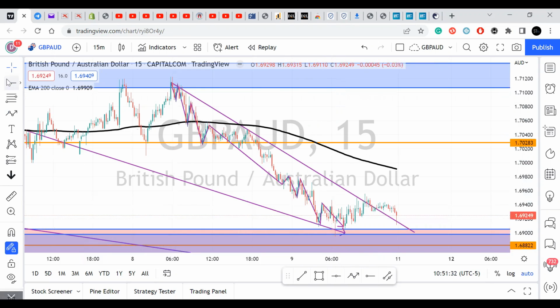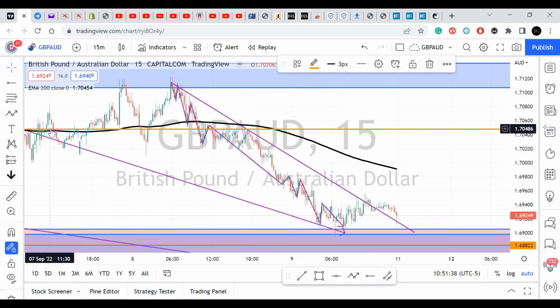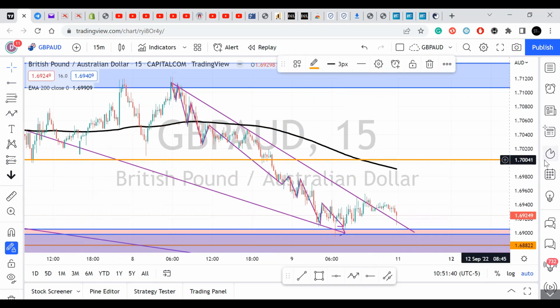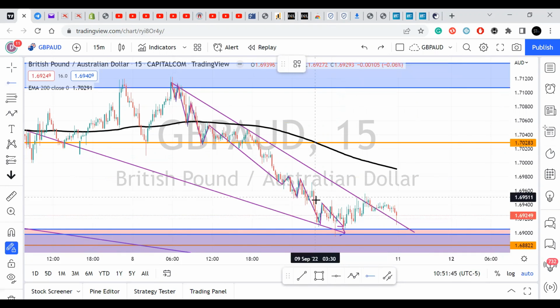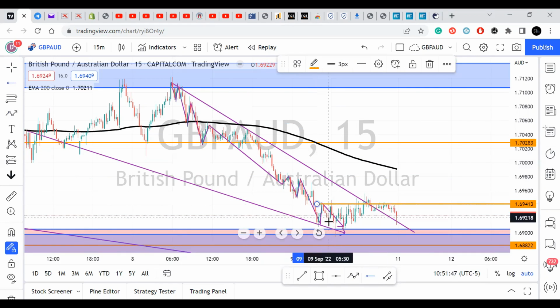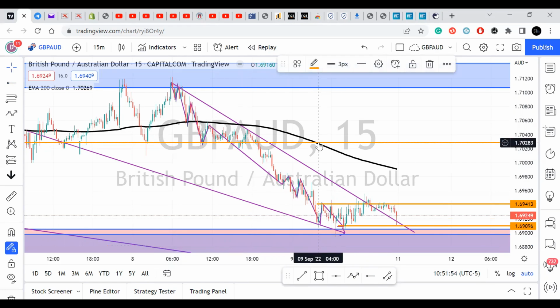Let me use this one instead. So this is our current structure on the 15 minutes chart. Remember, price is approaching that zone.